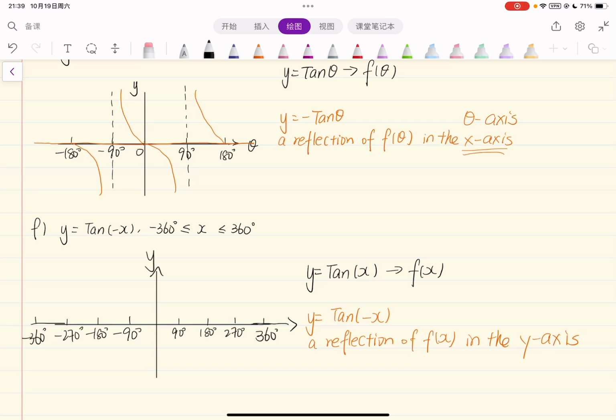So here's y. Firstly, draw the asymptotes. That is 90 degrees, 270 degrees, negative 90 degrees, negative 270 degrees. So we can draw the graph of tangent.